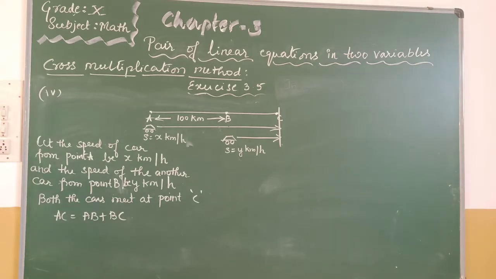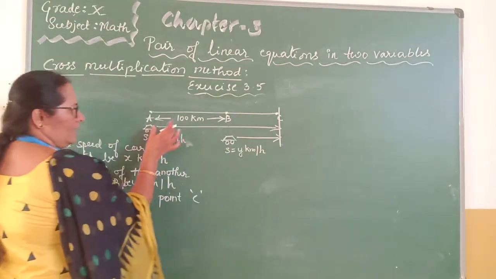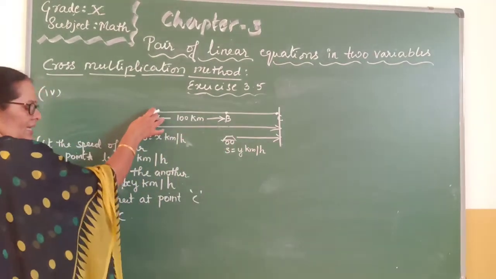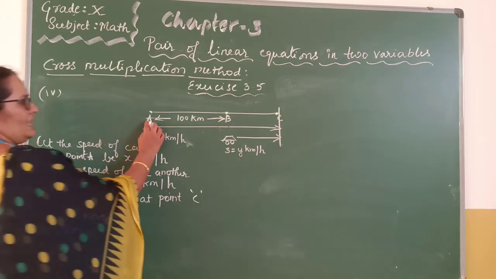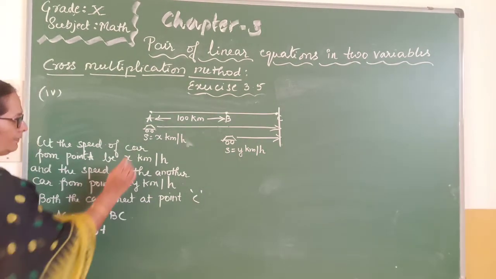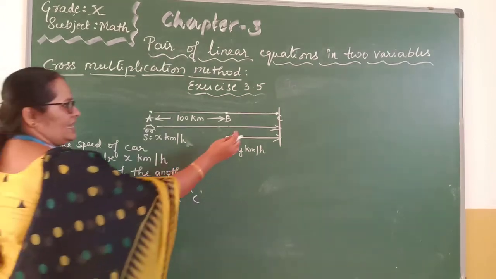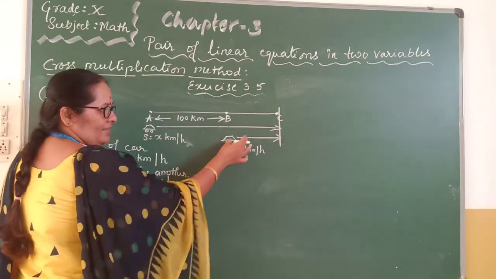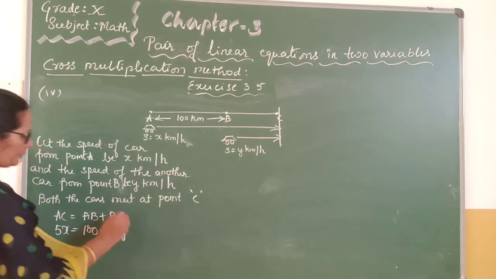AC is 5x, the distance covered by the car from point A. AB is given as 100 kilometer, the distance between the two points A and B, and BC is the distance covered by the other car, that is 5y.